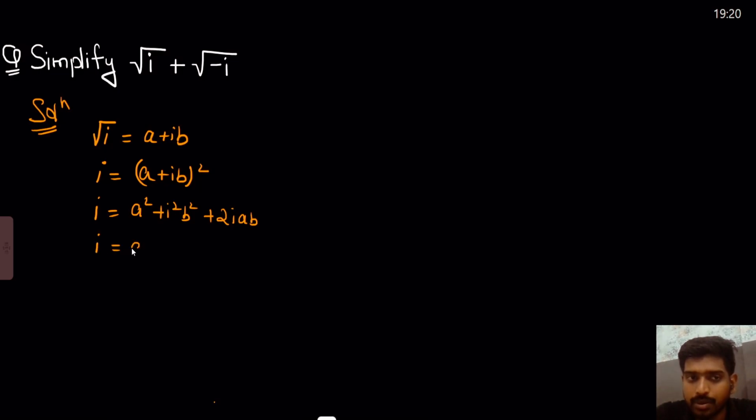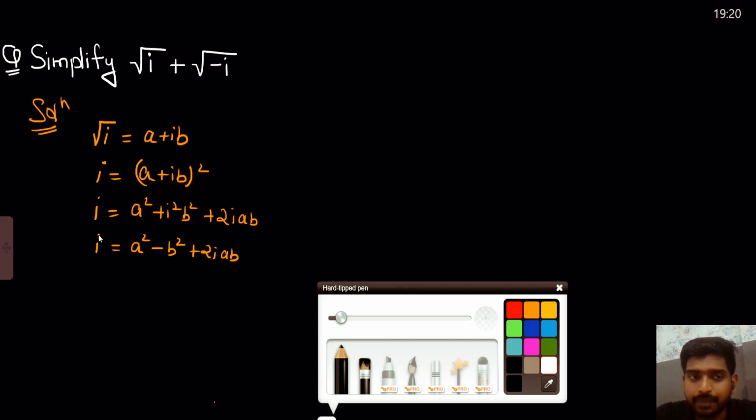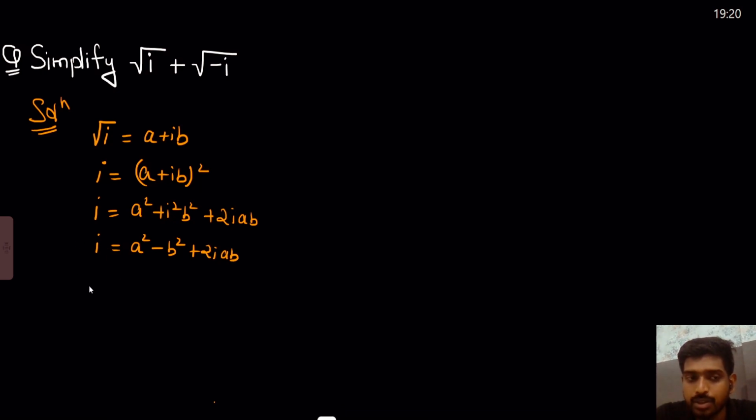So i is equal to a square minus b square plus 2 iota ab. Now compare the real parts and compare the imaginary parts. You can see on the left hand side the real part is 0. So here we can say a square minus b square is equal to 0 and 2ab is equal to 1, or a into b is equal to 1 by 2.